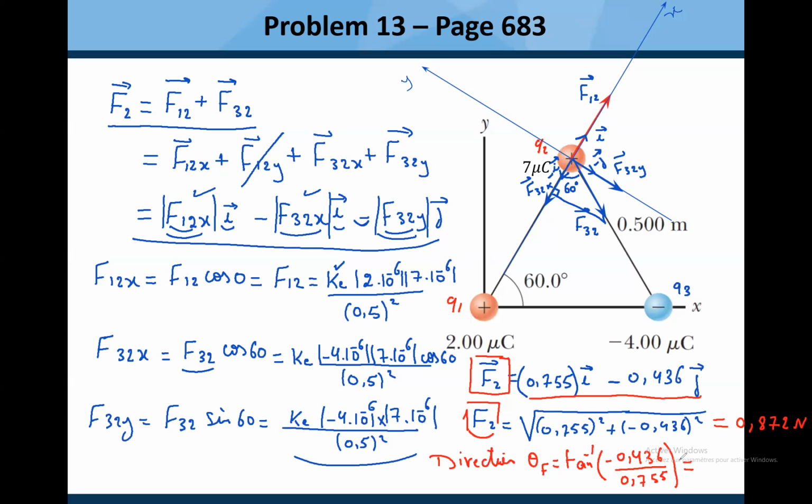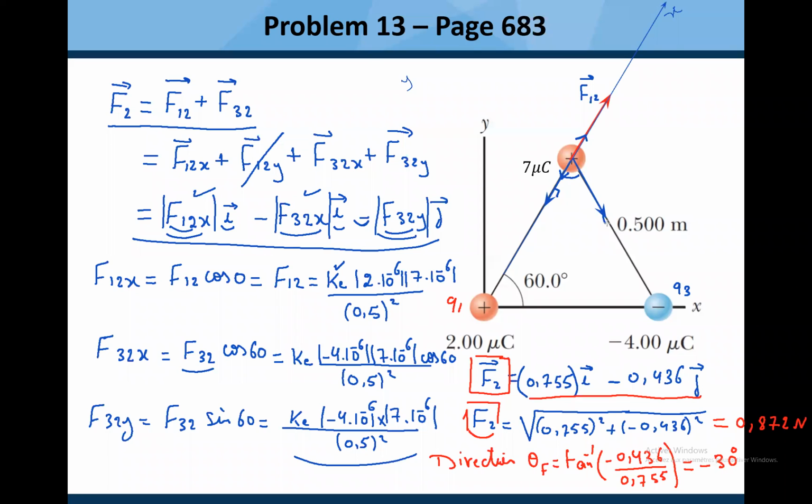Don't forget on your calculator to put degree mode. You will have, I think, minus 30 degrees. What does it mean, 30 degrees? Look well here, it's important to see where the value is.